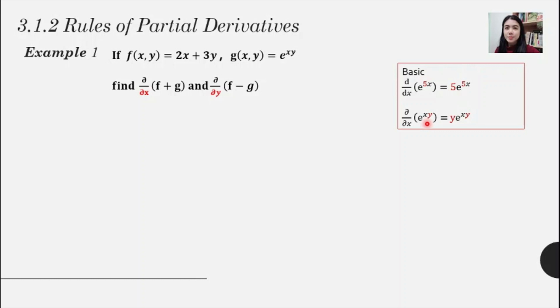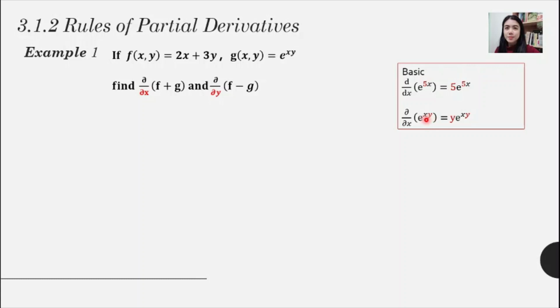Now we come to an equation that has two variables, x and y. Because you have two variables, we're going to do the partial derivative. We differentiate with respect to x, and we use del because you have two variables. If you want to differentiate with respect to x, it means you treat y as a constant. So focus on the power, xy.